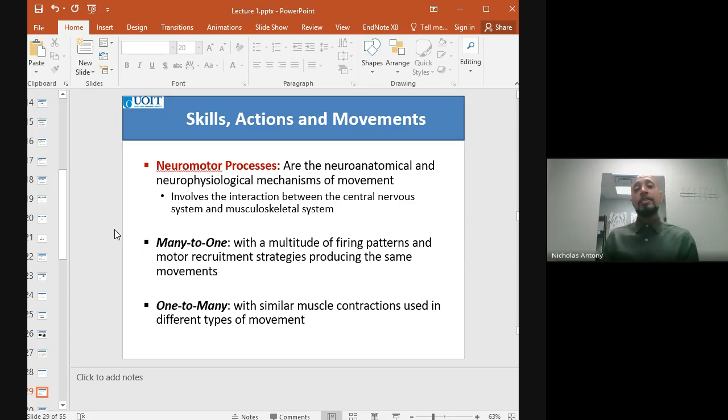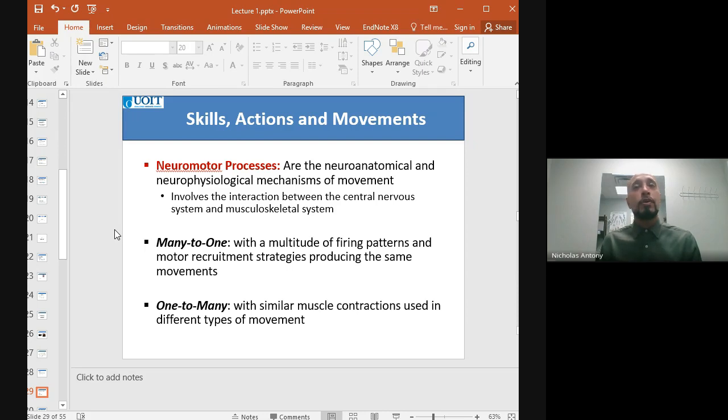And then if we're looking at things from a neuromotor or neurophysiological perspective, it can mean the same thing, where we can have a bunch of different firing patterns or motor neuron patterns or motor recruitment strategies that can be used to achieve the same skill.